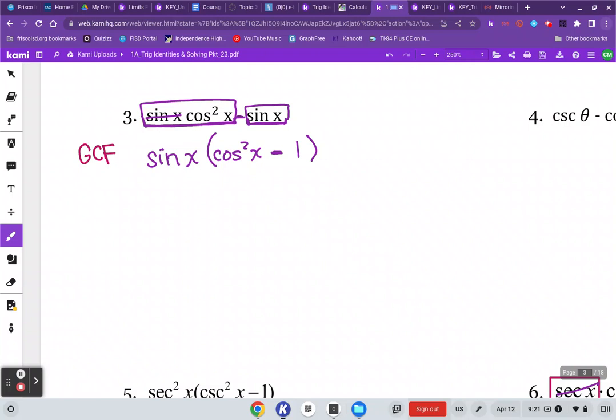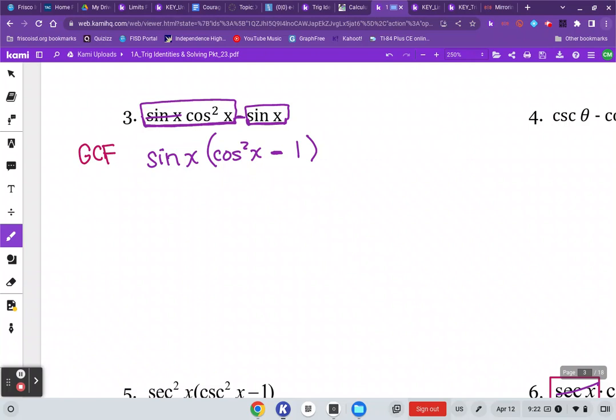It's going to be one of these 3 Pythagorean identities that we've just learned. So which one of those, obviously, of the 3 on the whiteboard, it'd be the first one. Sine squared plus cosine squared equals 1.